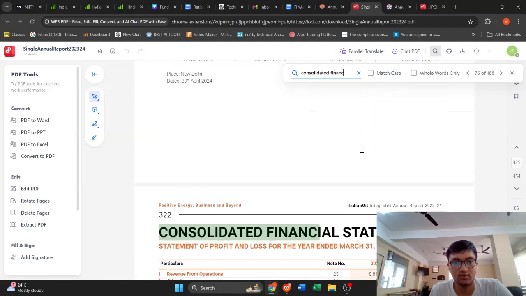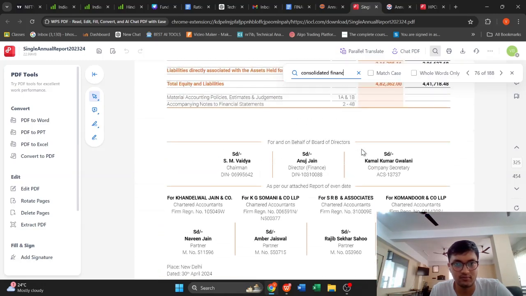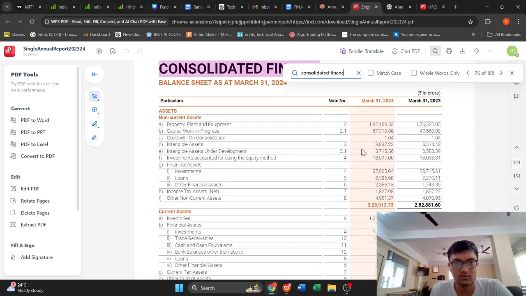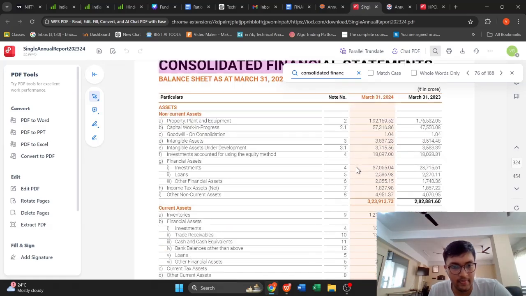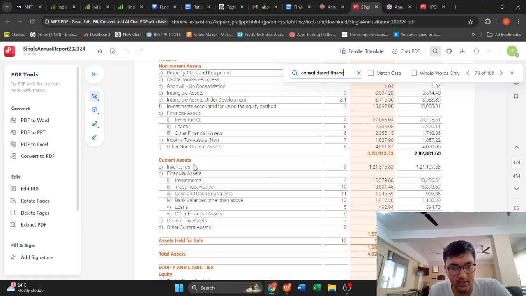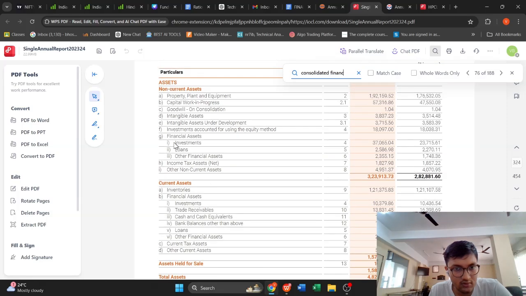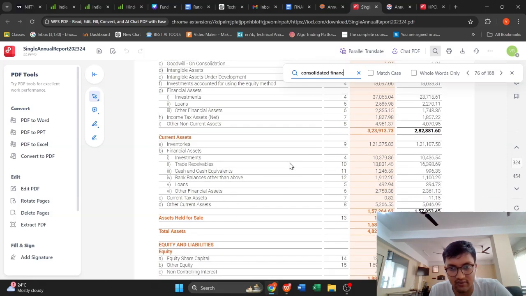Actually, it will come in the balance sheet part of a company. So in the case of IOCL, I'll just look at debtors, trade receivables.